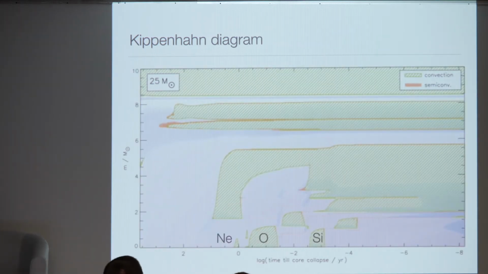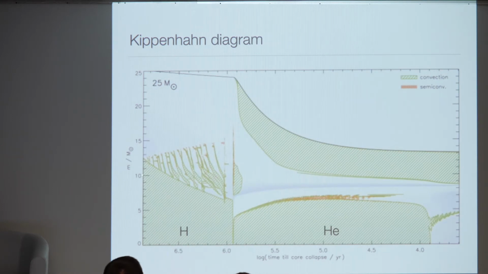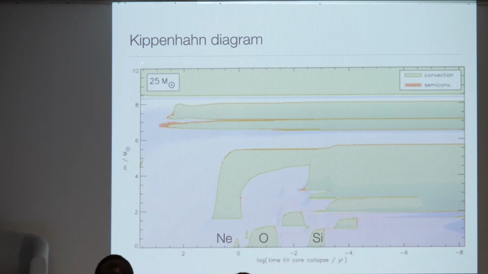So now this is only going to be for stars below 10 solar masses. This is 10 now, and then at the end, let's say 1 year before the explosion, this convection is caused by the neon burning, and then several months before the explosion, oxygen at the center will start to burn.